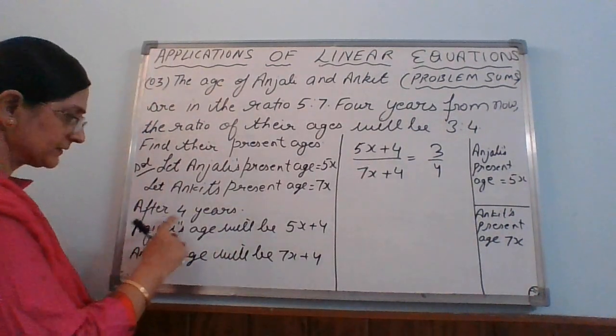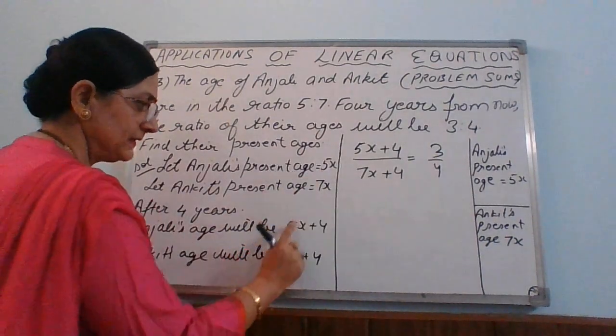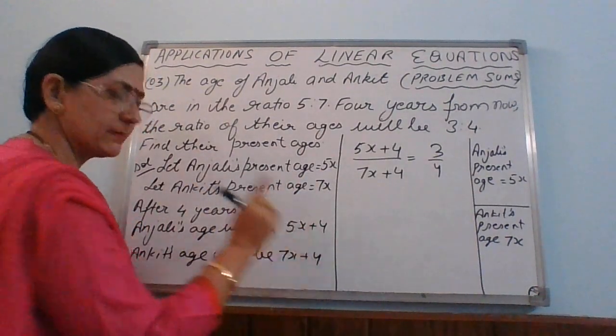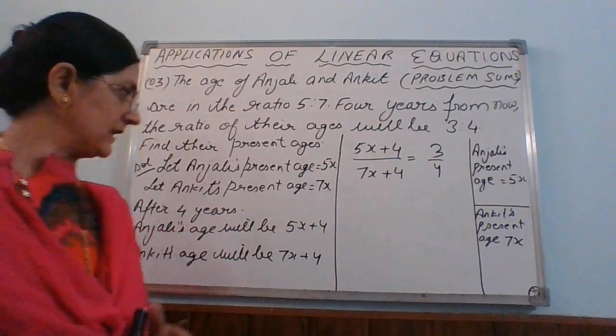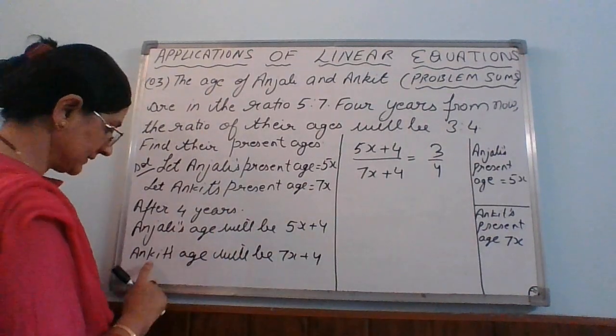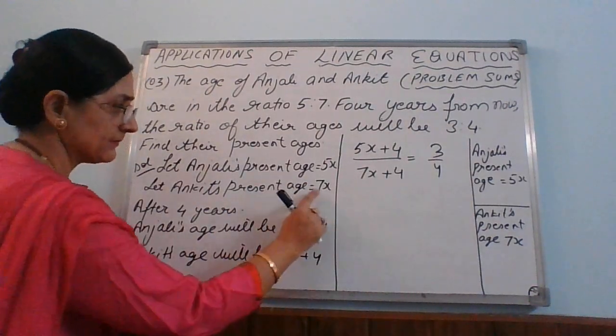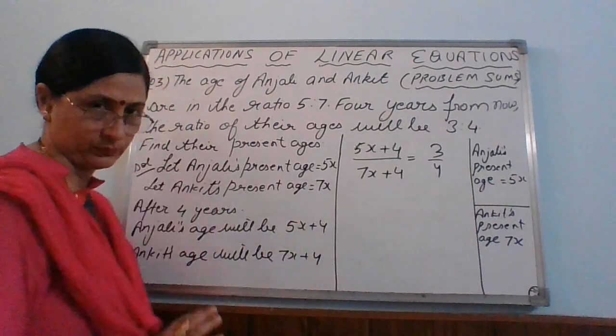Okay. Then after 4 years, what happens? Anjali's age will be present plus 4. Present is 5x, plus 4, add 4 because you need to write Anjali's age 4 years from now. Ankit's age, 7x was the present age, after 4 years it is 7x plus 4. Right?